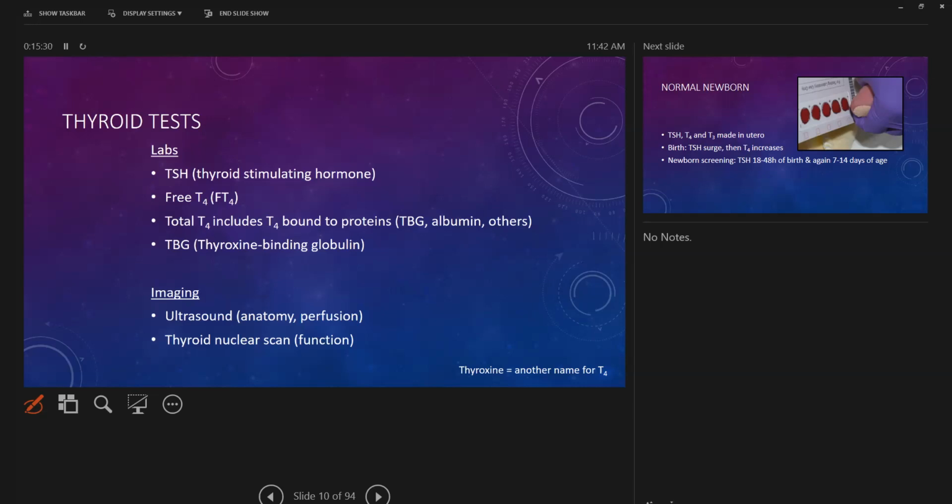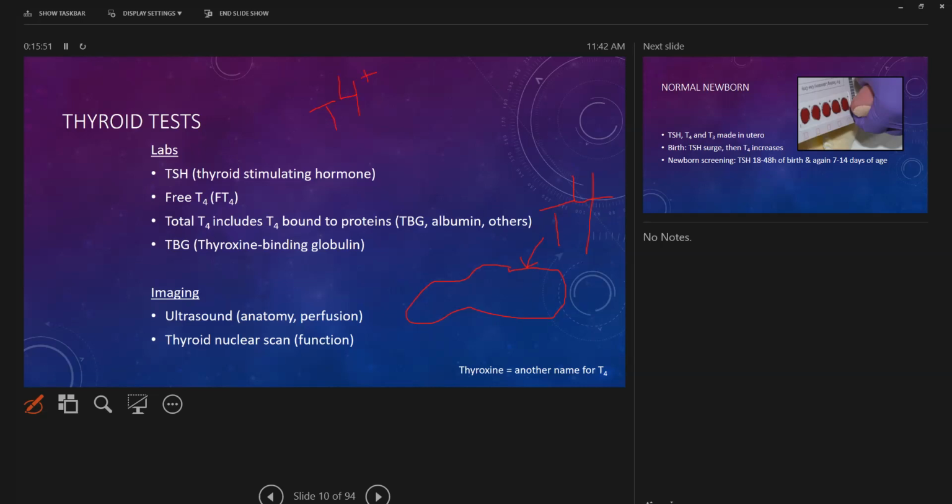And then TBG is thyroxine binding globulin. So we can measure how many cars we have, how many passengers we have in the car, and how many passengers are out away from the car.